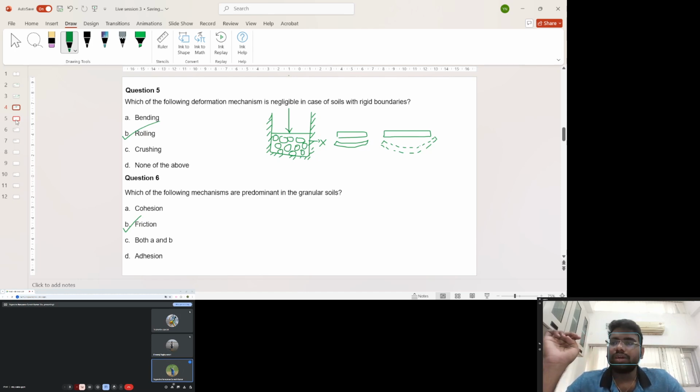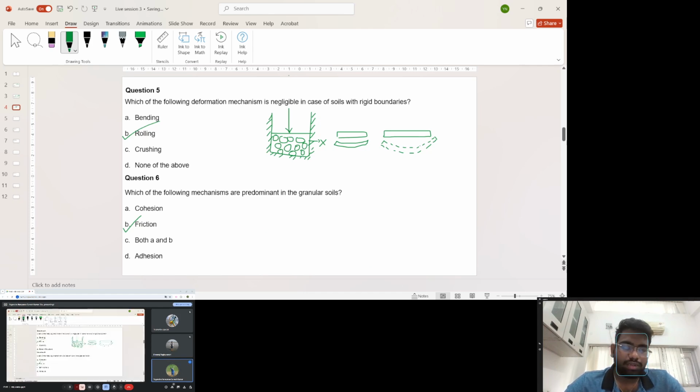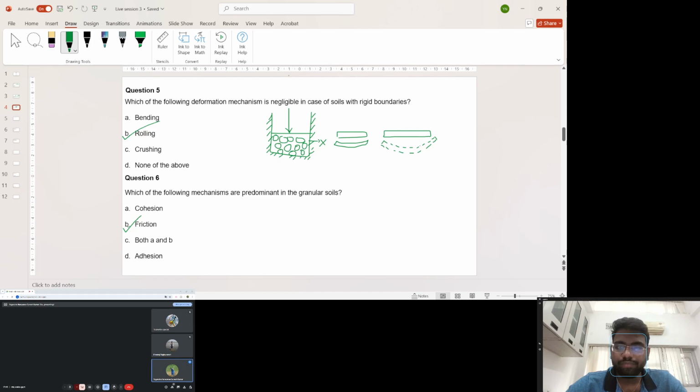All right, and as you study soil water interaction, you will understand what aspect of cohesion comes in granular soils. So there, in some cases, you get pseudo cohesion. So that time we will discuss what gives rise to it.